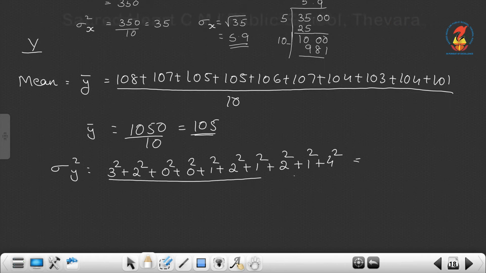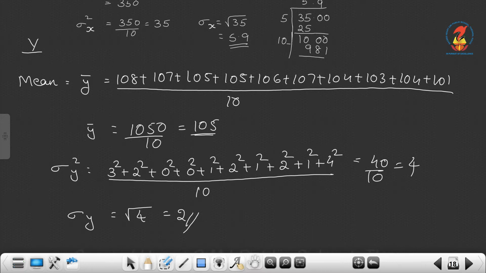Then this by 10. The sum is 40, and 40 by 10 is 4. That is sigma y square. So sigma y is the square root of 4, which is 2.